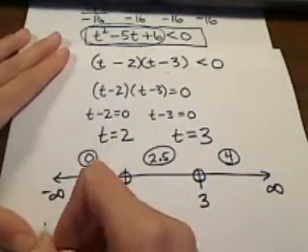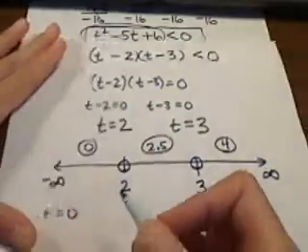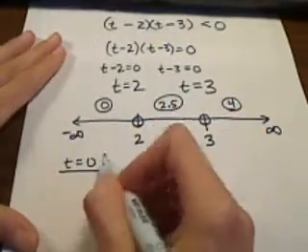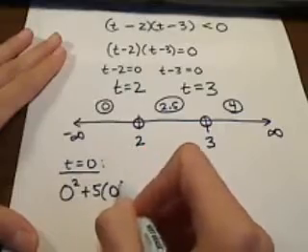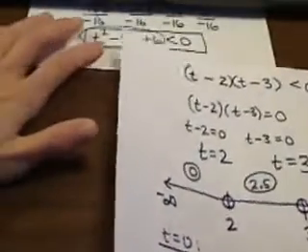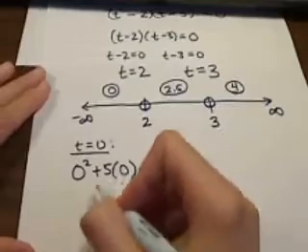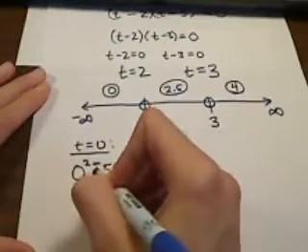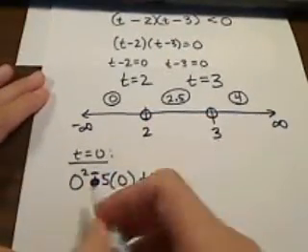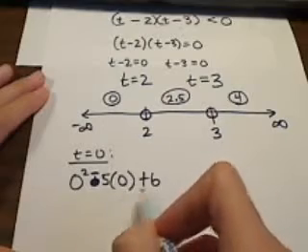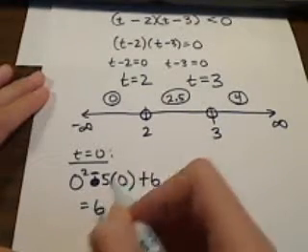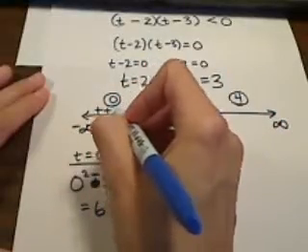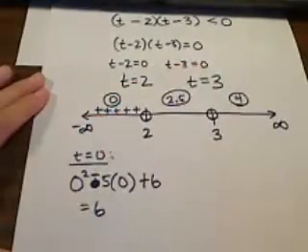So when I plug t equals 0 in, what I get is 0 squared minus 5 times 0 and then plus 6. I want to evaluate, is this positive or negative? Well, that's 0, and that's positive 6. So this ends up being 6. That's a positive number. So all values in that interval are going to be positive.